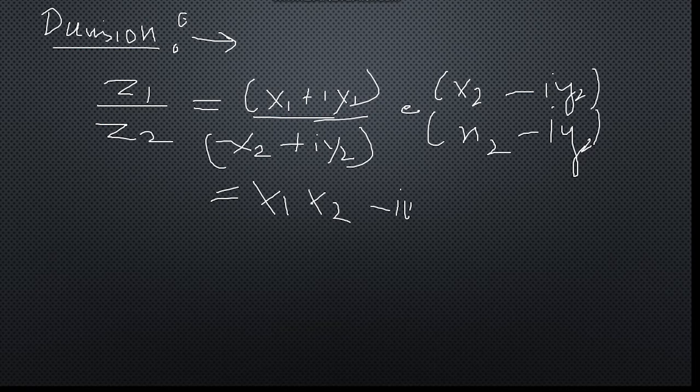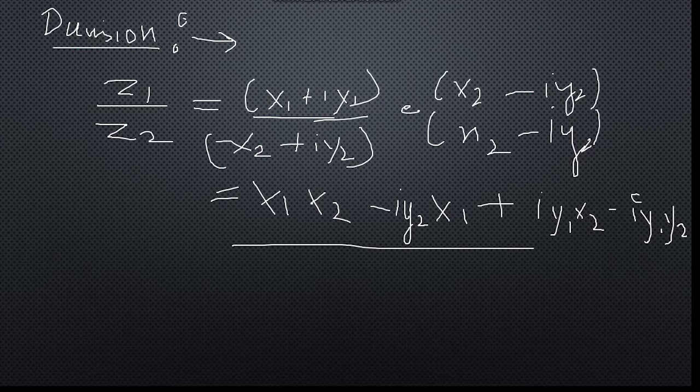So we multiply in the numerator and get x1 x2 minus iota y2 x1 plus iota y1 x2 minus iota square y1 y2, divided by x2 square minus iota square y2 square.